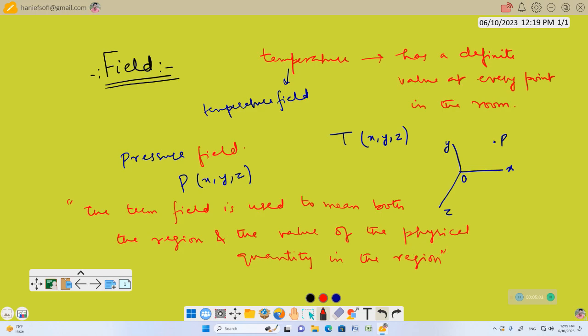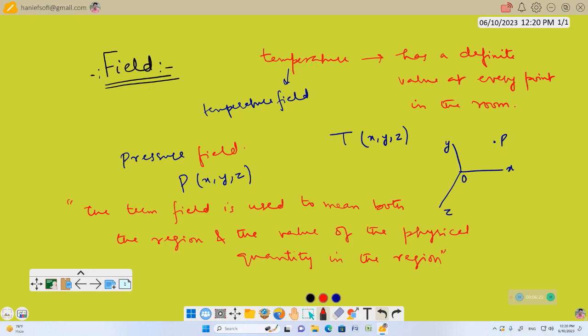So we have space. In space, there exists some physical quantity. That physical quantity has a definite value at every point in the space. We express that as some mathematical function or graph.